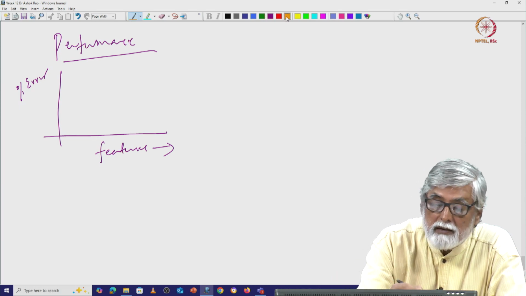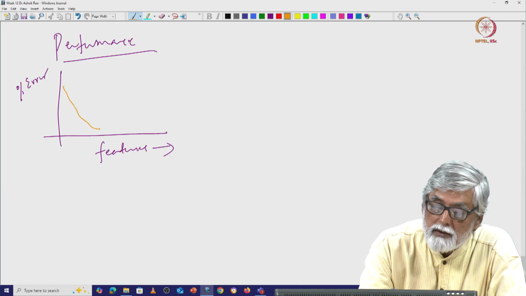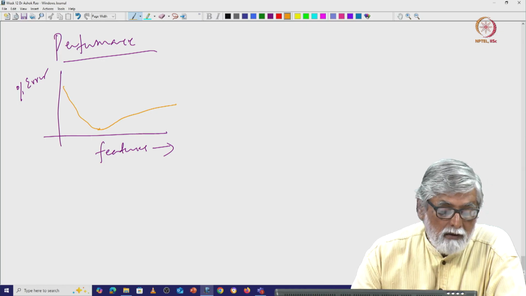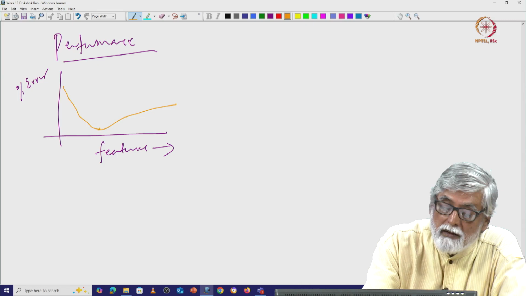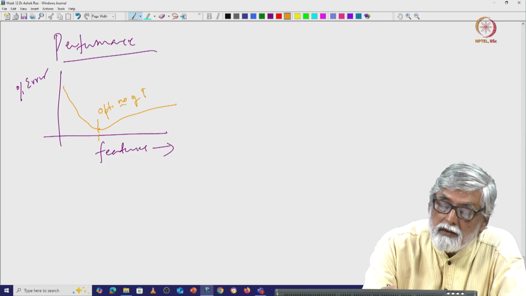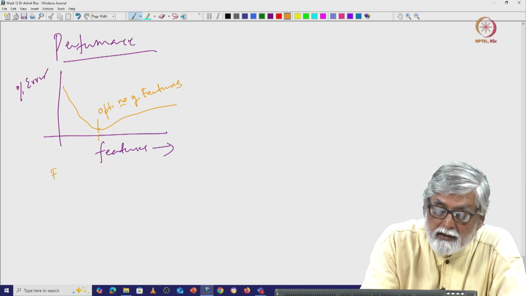Typically, as the number of features increase, the performance improves and then starts getting worse, which means there is some place where you have the optimal number of features to be used for classification. This is for a fixed data set, fixed data size.